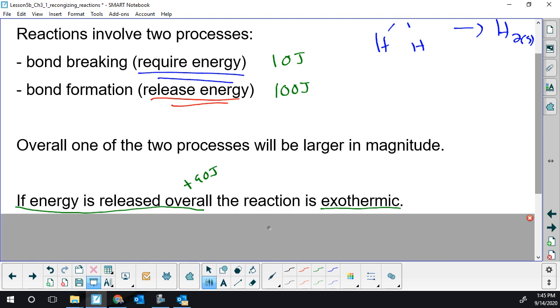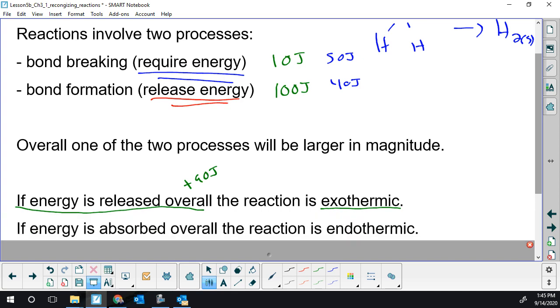Maybe 50 joules are needed to get the chemicals to come apart, but you only get 40 joules back when the chemicals recombine. We needed 10 more than we got. Energy is going to be absorbed. It has to steal 10 extra joules from the surroundings.